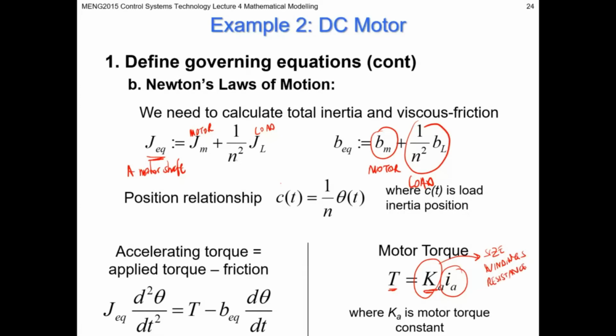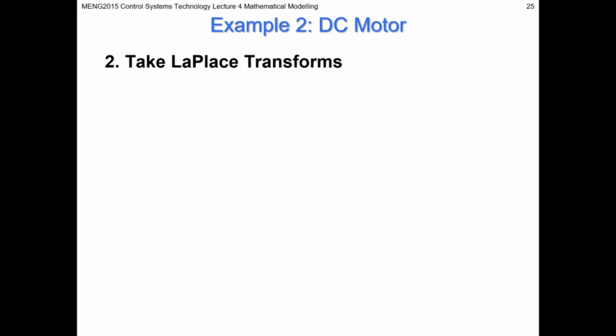So all the things that affect the characteristic of the motor can affect the amount of torque that's generated for a given current. It's all the electrical elements that make a difference to the motor torque constant. Ideally you'd want that to be as high as possible, because with a high motor torque constant, you get a lot of torque for a specified current.